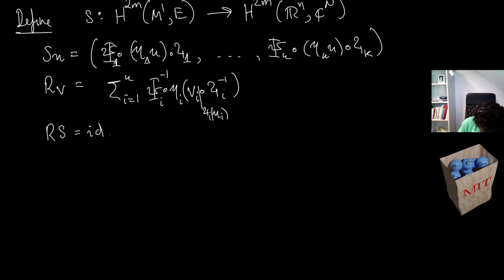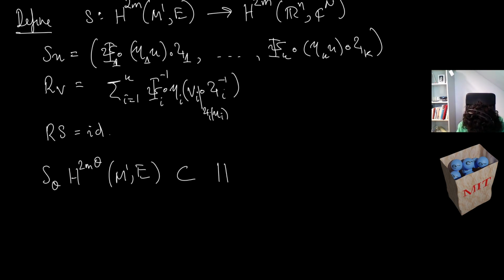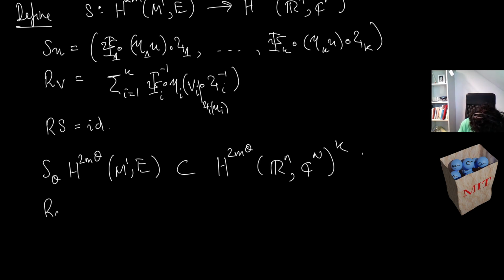It tells us that S_theta maps H^{2M theta}(M', E) into H^{2M theta}(R^n, C^N)^k, and that R_theta S_theta, so we can reconstruct the Sobolev space that we're interested in, is exactly the identity, right?